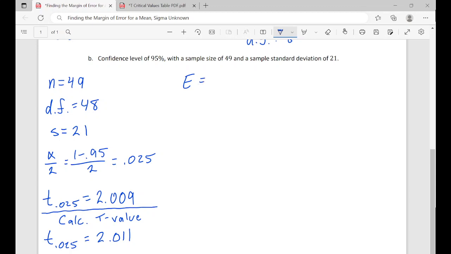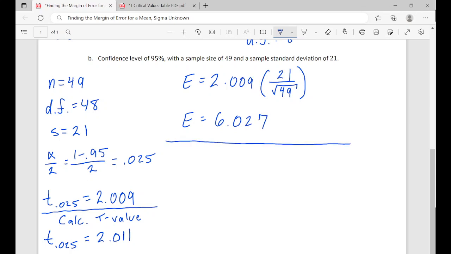Our margin of error for the first one is going to be 2.009 times 21 over the square root of 49. And our margin of error here is going to come out to be, rounded to 3 decimal places, 6.027.